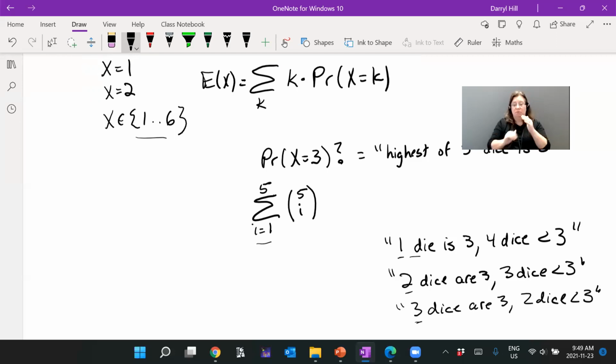Well, each of them can take on the values of 1 or 2, so there are 2 possible values, and there are 4 dice, or in general 5 minus i dice that can take on these values. So the number of ways that I can roll the dice such that the highest value is 3 is equal to this expression.